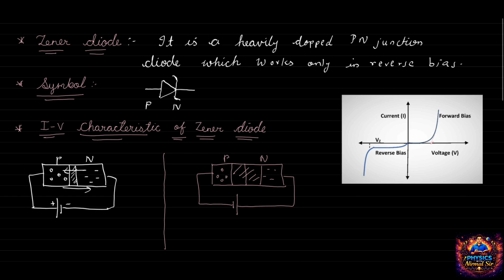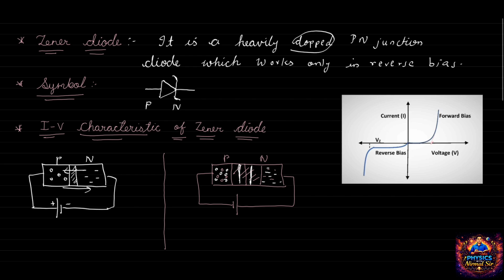Now the Zener diode is heavily doped. Heavily doped means we increase the concentration of holes here and the concentration of electrons in N type. Due to this increase in P type and N type, there is a repulsion between positive charges and a repulsion between negative charges, due to which the depletion layer will decrease.